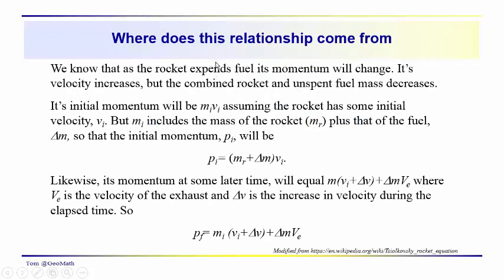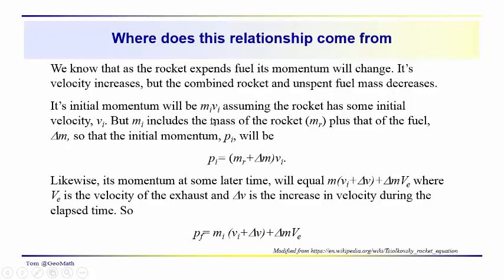So one of the questions that you might have is, where does this relationship come from? We know that as the rocket expends fuel, its momentum is going to change, and its velocity is going to increase. But the combined rocket and unspent fuel mass decreases.